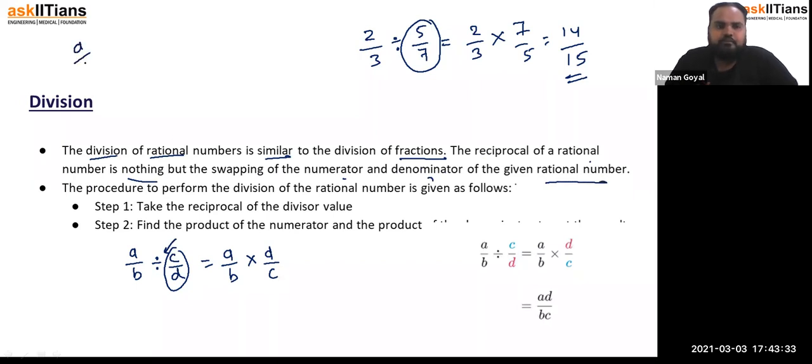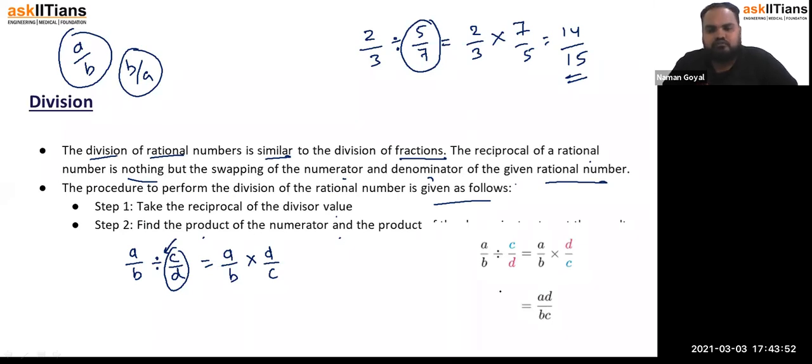If there is a rational number a by b, and we want to take its reciprocal, it is nothing but b by a. Got it? The procedure to perform the division of rational numbers is as follows. Take the reciprocal of the divisor. Now find the product of the numerators and the product of the denominators, and you get the answer. Okay. See, this is the answer for this particular problem.